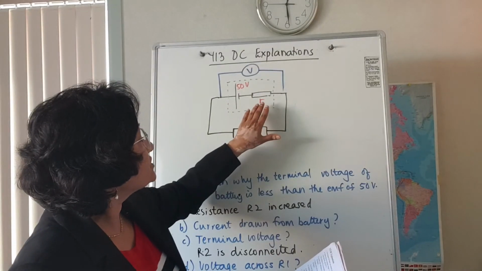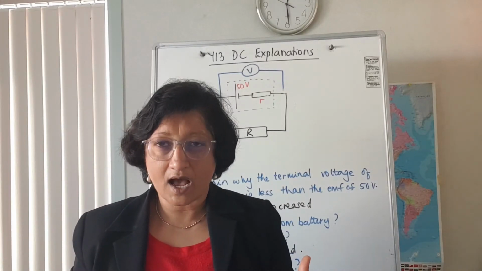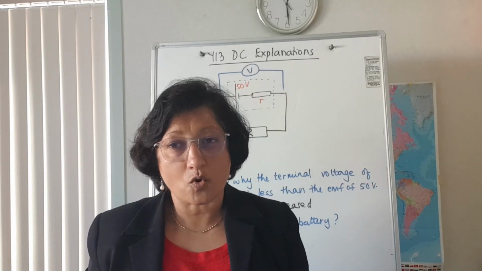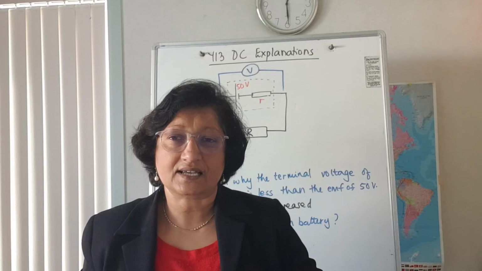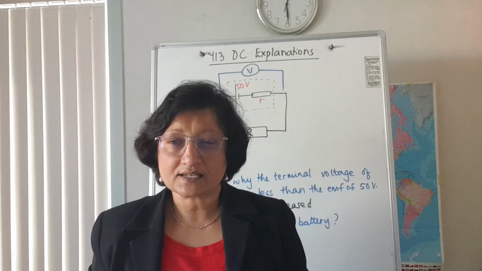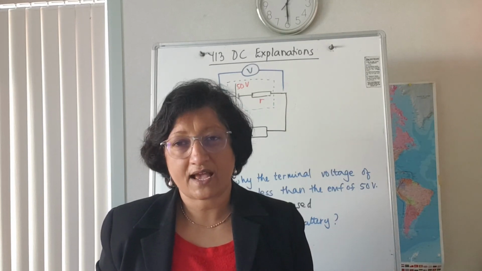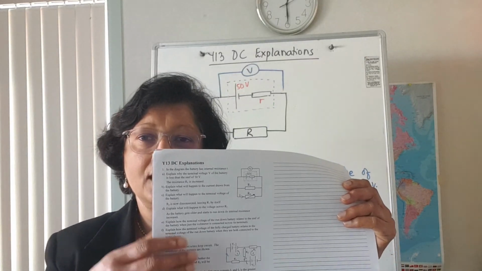If the battery is old, the internal resistance is going to be really high, so the terminal voltage is going to be low. So it's just a low voltage for the external circuit. However, if your battery is new, then the internal resistance is small, so the terminal voltage is going to be high. And so that's the answer to this first question.